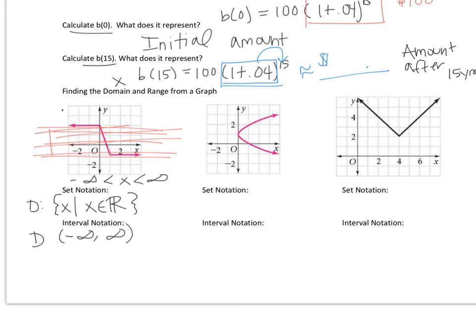So when I start at the bottom, the y's only go up and down from here to here. The y values stay in between -2 and 2, and includes -2 and 2. So the range is the y value such that y is between and including -2 and 2. So these are going to have brackets for the range.